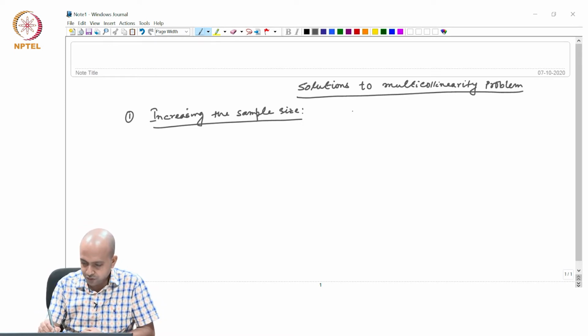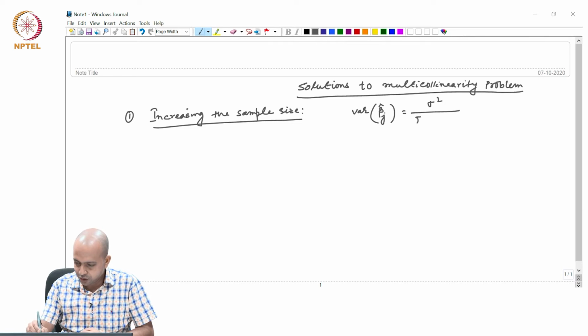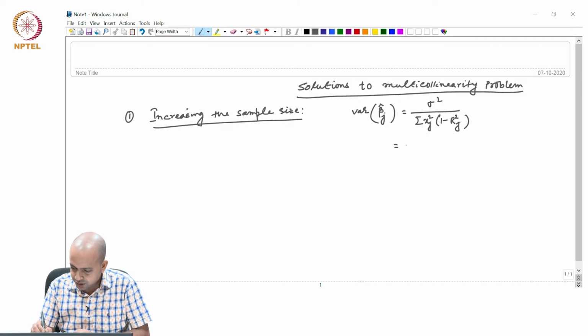If you look at the variance of beta hat j, it equals sigma square divided by summation x j square into 1 minus r square j. That means sigma square divided by summation x j square, into 1 by 1 minus r square j.